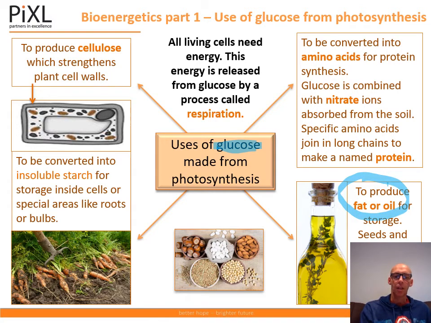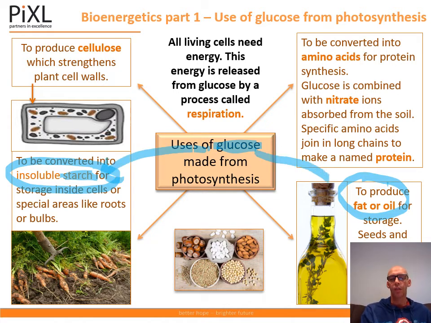Next thing, this is where it's stored away as starch. So plants will store glucose as starch. They will store it as food, as oils and fats in seeds. They also use glucose to make cellulose cell walls.